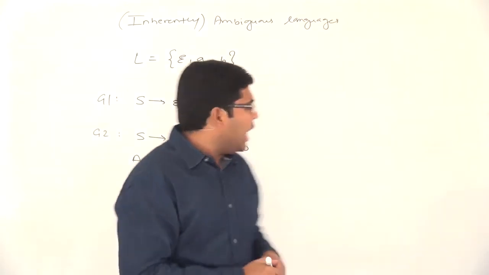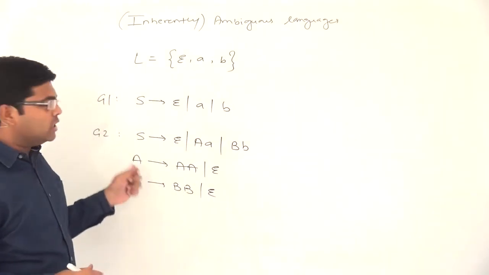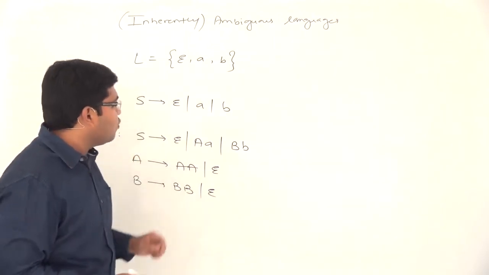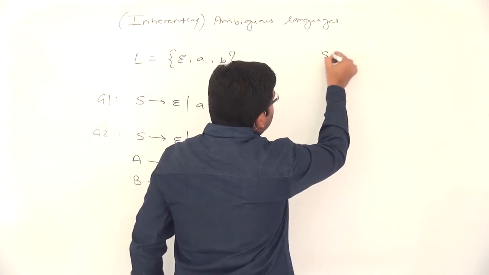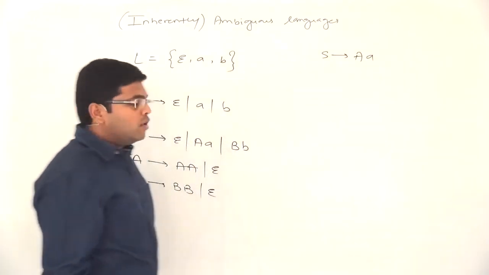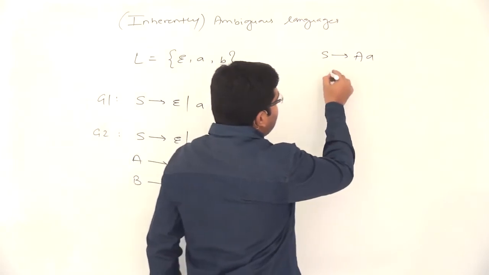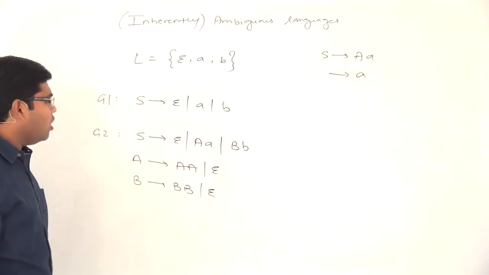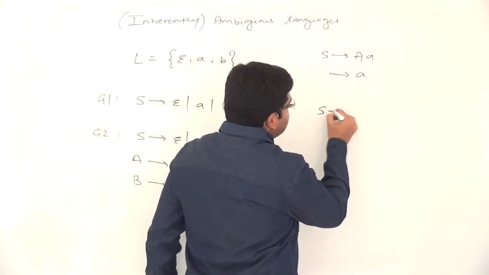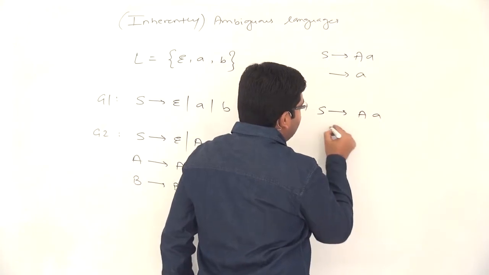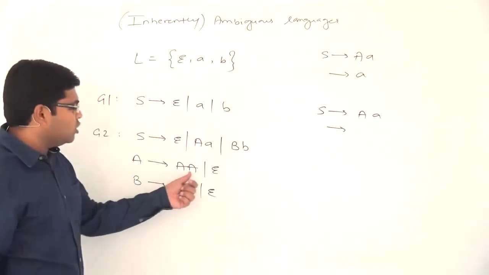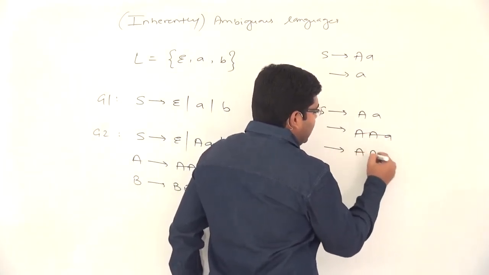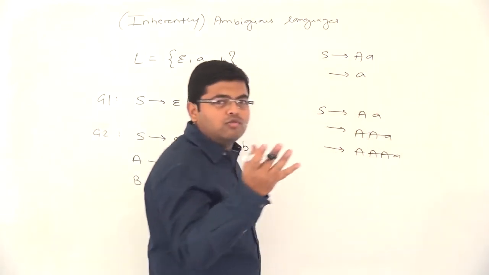Now see, as far as the second grammar is concerned, you can have multiple derivations for a given string. Let's say you want to derive a. One possible derivation is S produces A, and then you replace this A with epsilon, giving you S produces a. Or you can write S produces aA, and replace this A with the second production, aA, and again aA, any number of times you want.